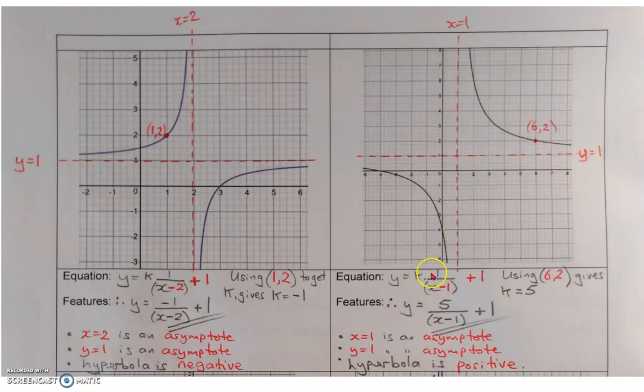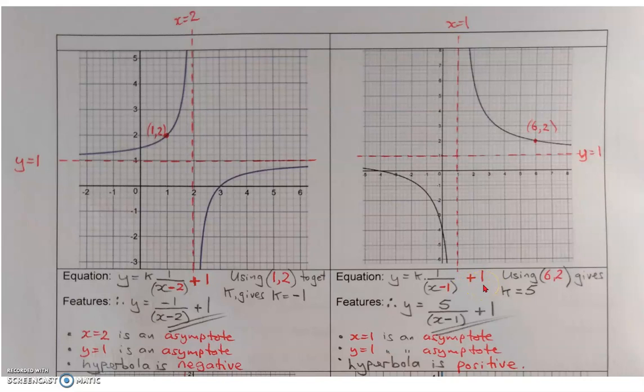So let's build up the equation. Well, there it is. The standard hyperbola has been moved 1 unit in the positive x direction, so it's going to be 1 over x minus 1. Now it's been moved up 1 unit in the y direction, so it's got plus 1 on the end here.